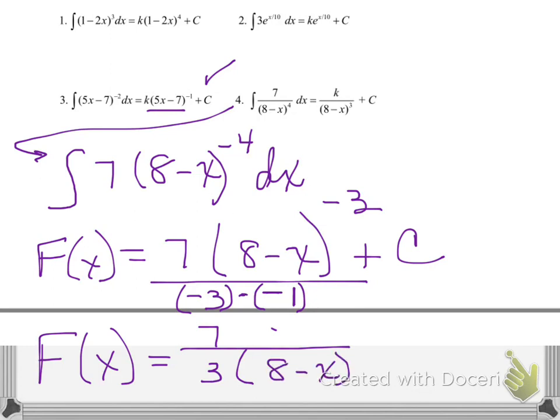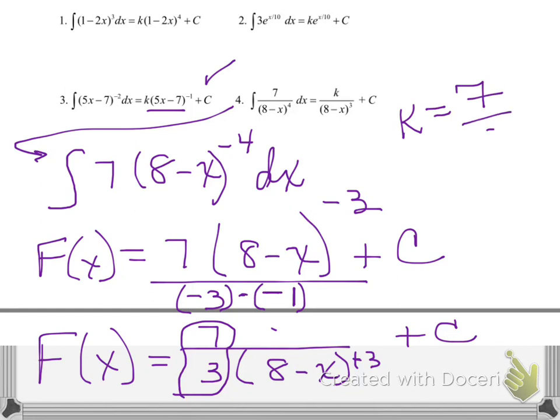When I bring it down, it goes to the +3 power, and then add the c. So now look what I have. The denominator matches up except for the 3, and the k has to be 7/3 because that's what's missing. So in this situation for number 4, k equals 7/3.